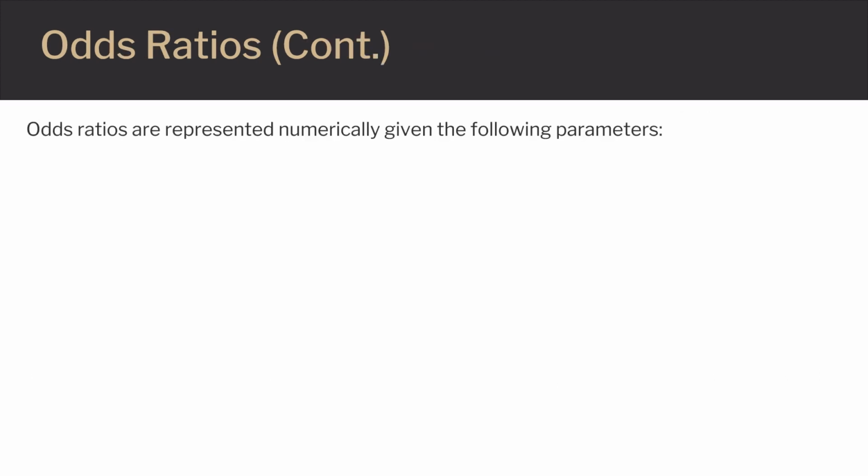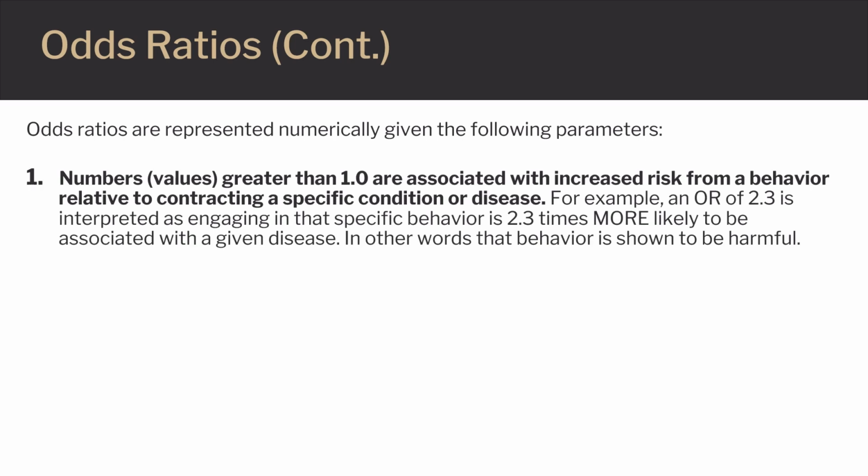This slide highlights the numeric associations previously discussed between a given behavior and risk for a specific condition. For example, if we have an OR of 2.3, then we interpret that to mean that engaging in that behavior will result in 2.3 times more risk, or be more likely of contracting that disease or condition.